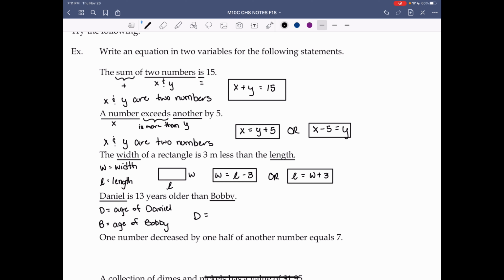Then the equation would be D equals B plus 13: Bobby's age plus 13 equals Daniel's age. Or in terms of Bobby's age, if we take Daniel's age and subtract 13, since Daniel's 13 years older than Bobby, then we get Bobby's age.